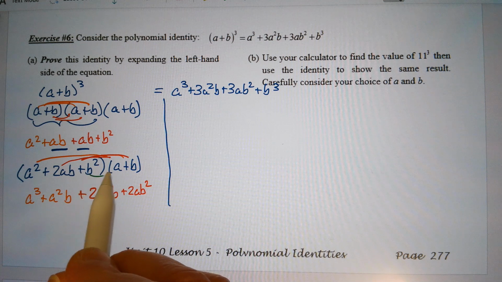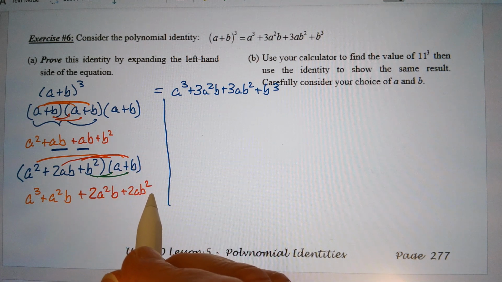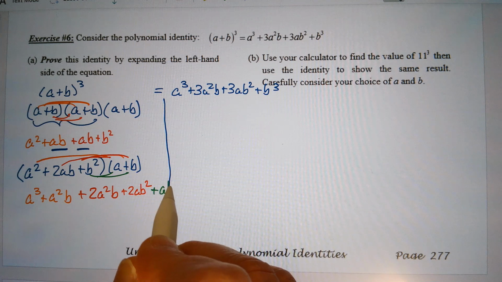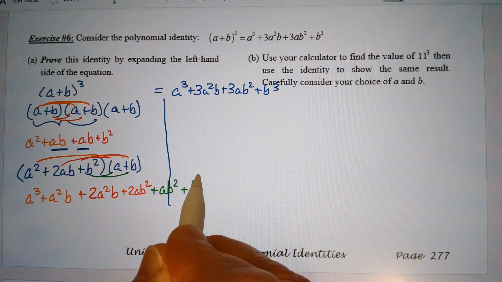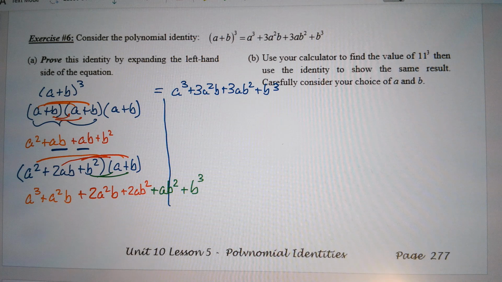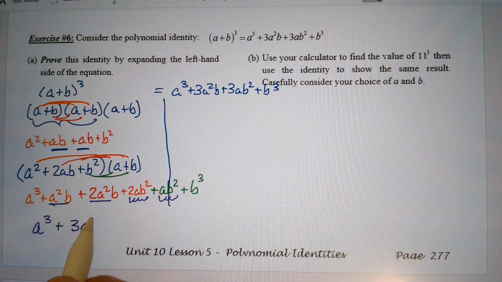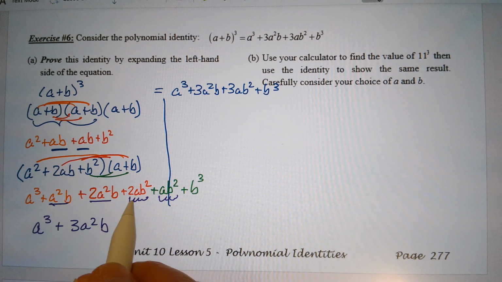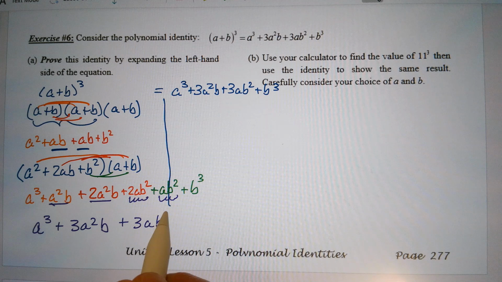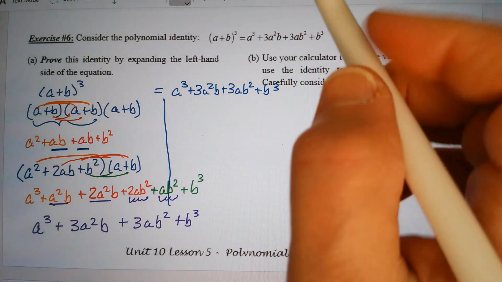And b squared times a plus b: ab squared plus b cubed. Combining like terms, we have a to the power of 3 plus 3a squared b plus 3ab squared plus b cubed, which equals the other side.